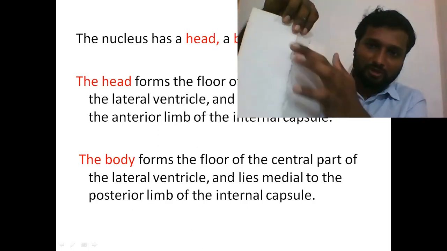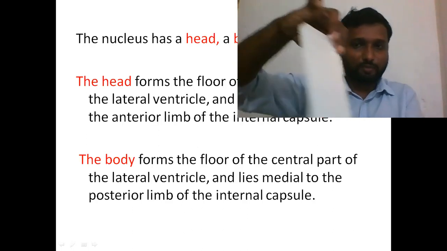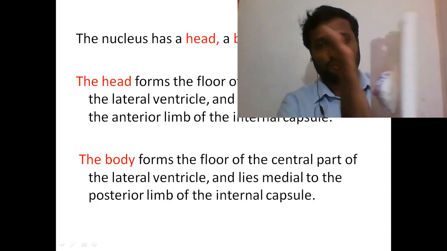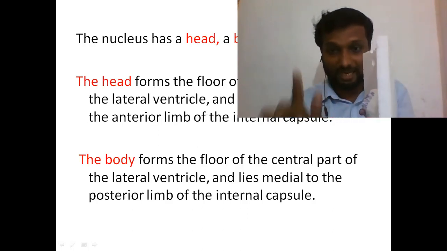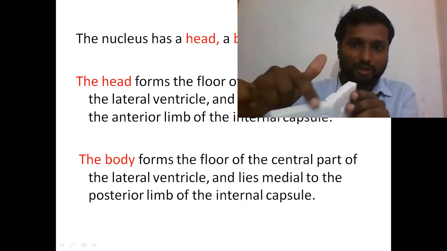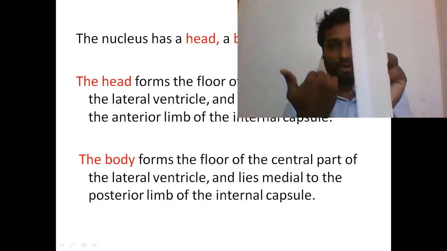Then this one, genu. Then this one, posterior limb. Then here we have the sublentiform part and the retrolentiform part. So those are the 5 parts of the internal capsule: anterior limb, genu, posterior limb, sublentiform and retrolentiform parts.